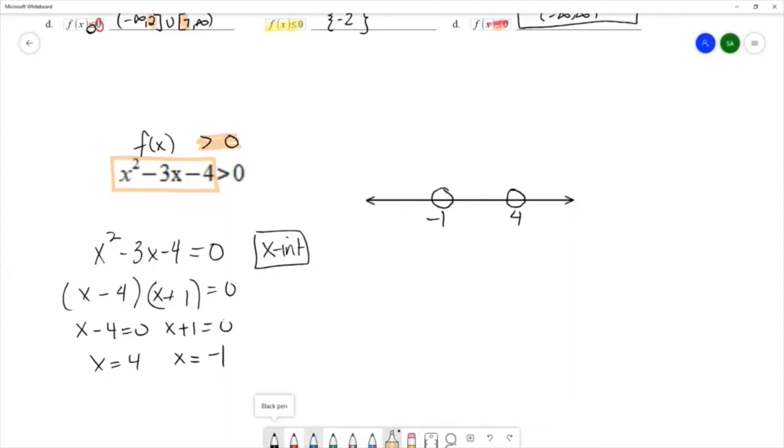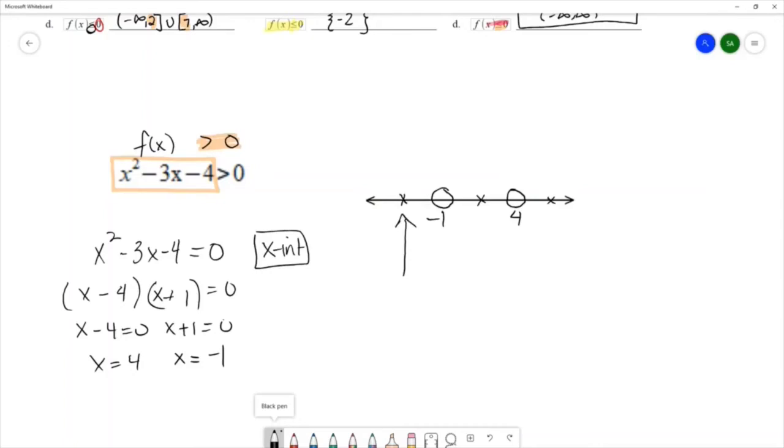So then what I'm going to do is test in each one of these intervals whether the graph is above or below. Positive would be above, negative would be below. So I'm going to choose a test point in this interval.